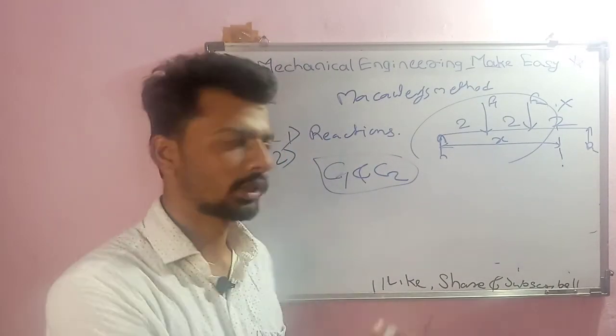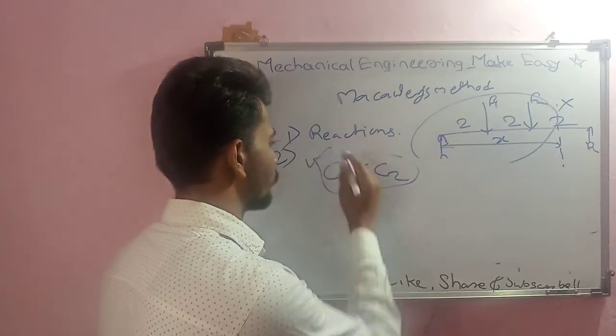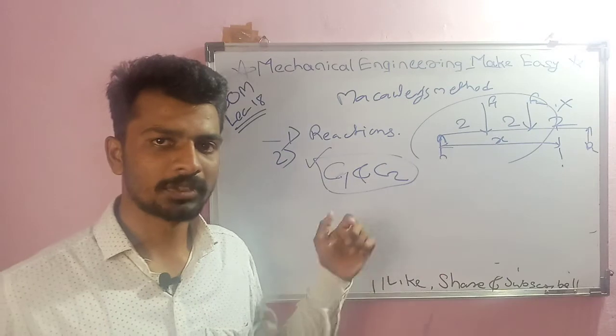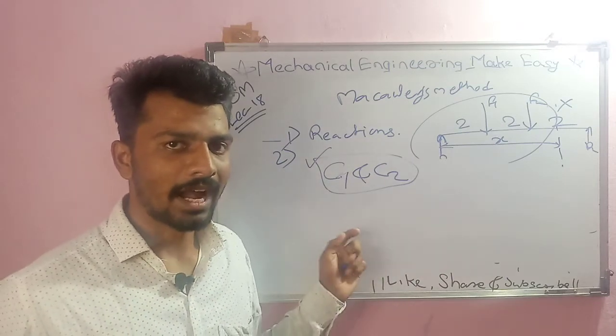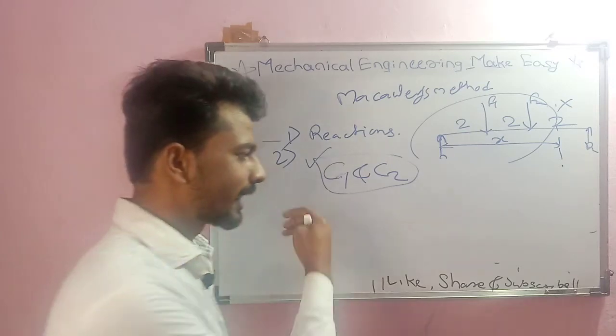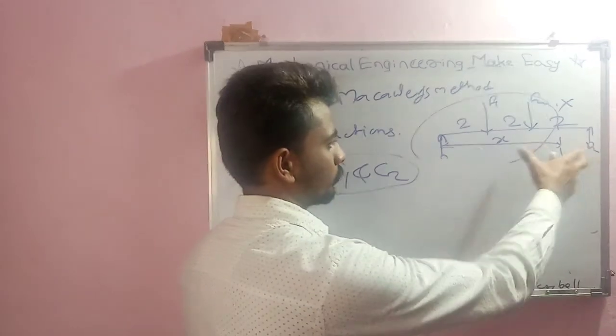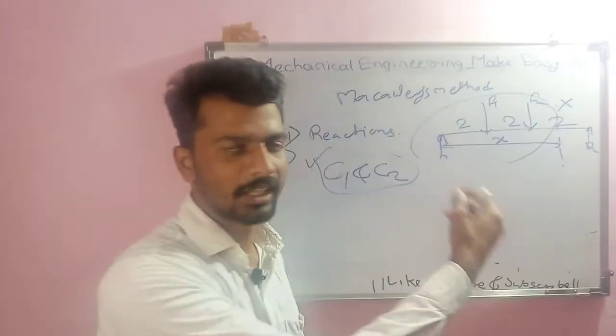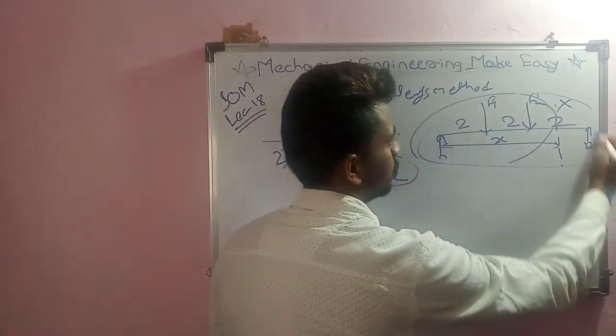After substituting those boundary conditions we will get the values of C1 and C2, and then just put those values into the equation, and that equation is our final solution. From that solution we will be able to calculate the value of slope and deflection at every point on this beam.